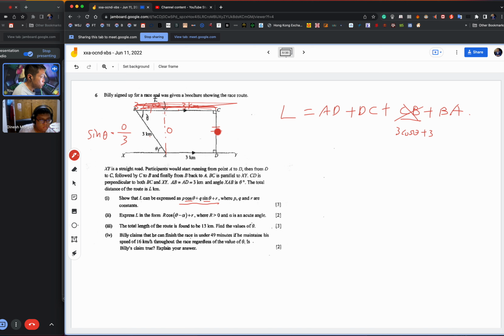So your O, which is this CD, is 3 sine theta.